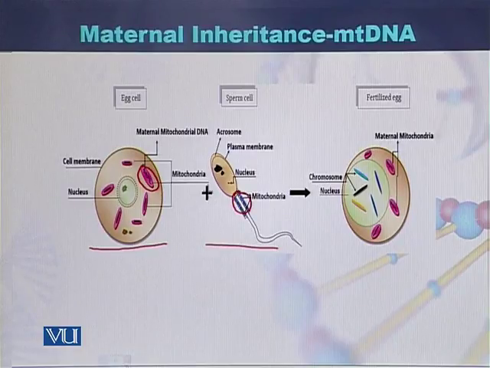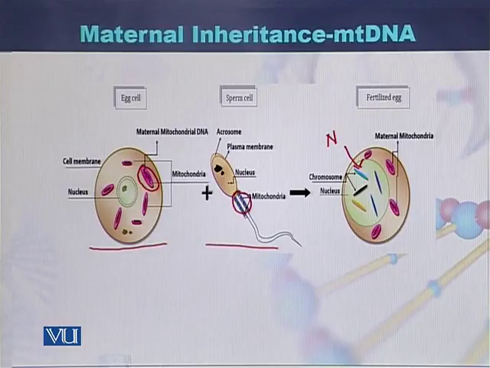So when the sperm fertilizes the egg, it just transfers its nuclear DNA, N for nuclear DNA, into the egg, and it does not transfer the mitochondrial DNA into the fertilized egg.